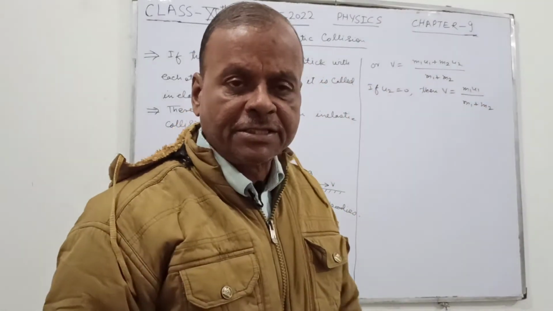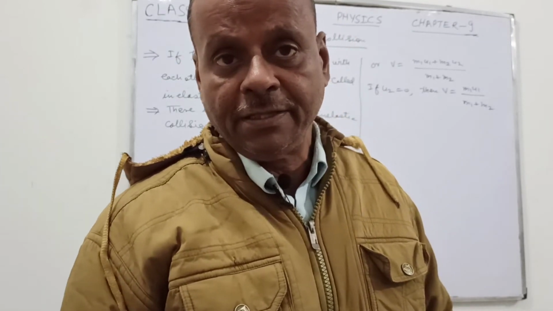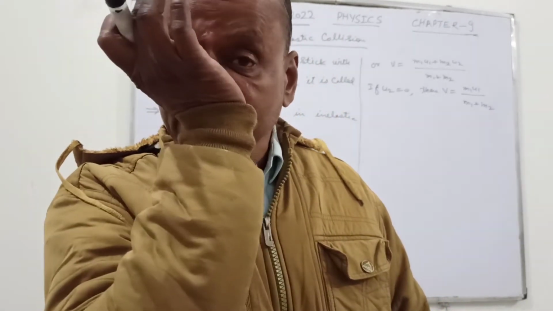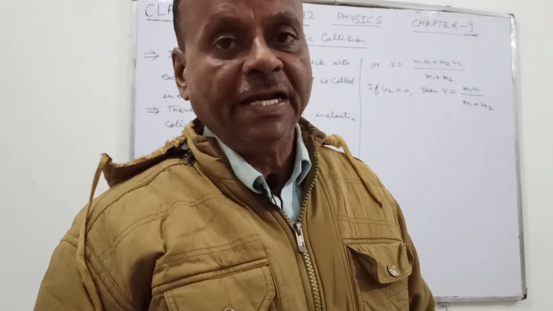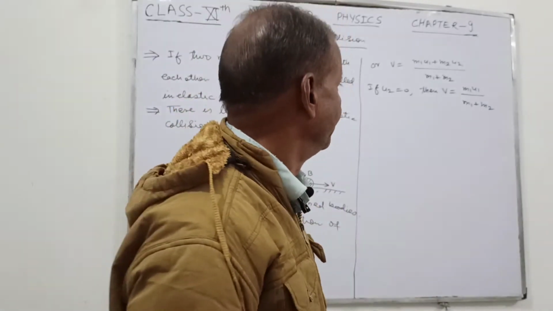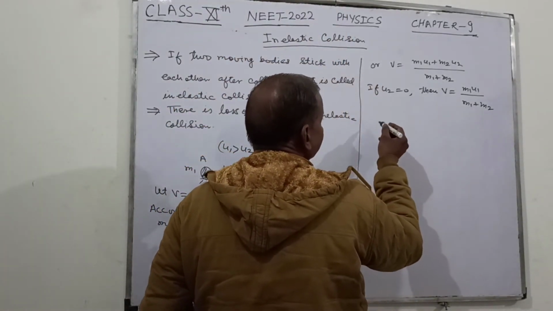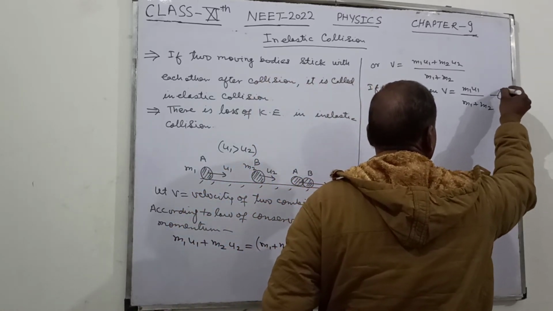Generally what happens is that one body is at rest, and the first body which is moving sticks with this second body, and then they move together. This is your equation number 1.